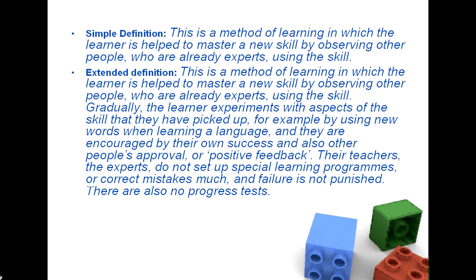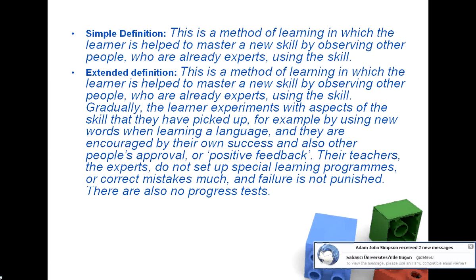Let's now look at an extended definition. Look what information has been added. Gradually, the learner experiments with aspects of the skill that they have picked up, for example, by using new words when learning a language. And they are encouraged by their own success and also by other people's approval or positive feedback.